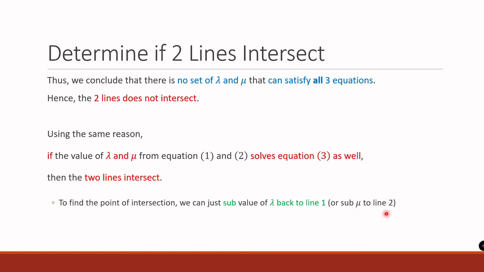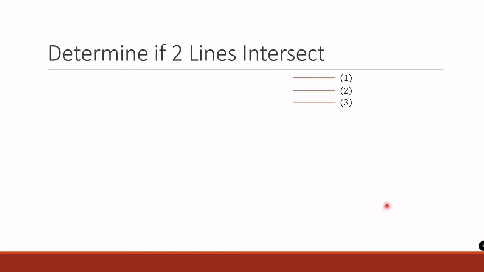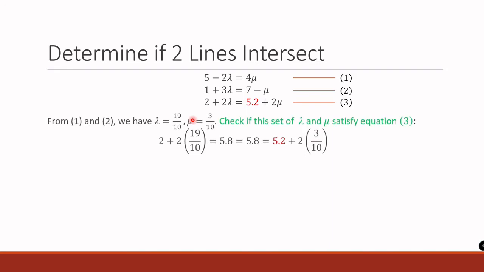That works also. Let's look at an example. This was the equation just now, just that I changed the number here. Initially it was -2, I changed it to 5.2 now. The method follows. I make use of equations 1 and 2 to solve for lambda and mu. The values will be the same.